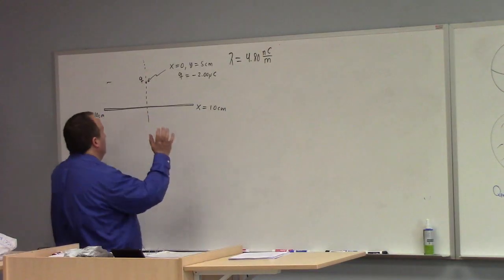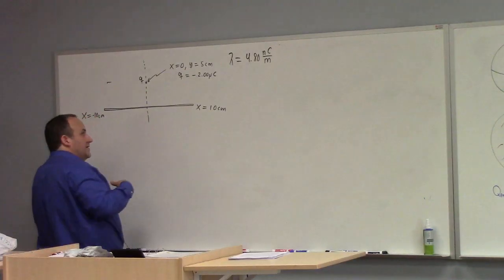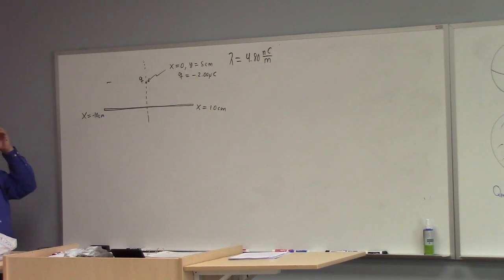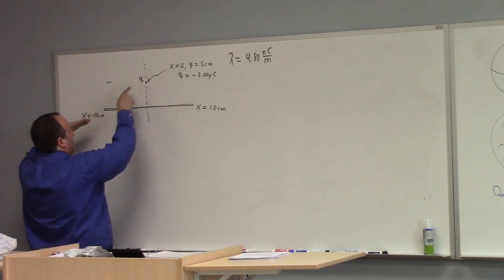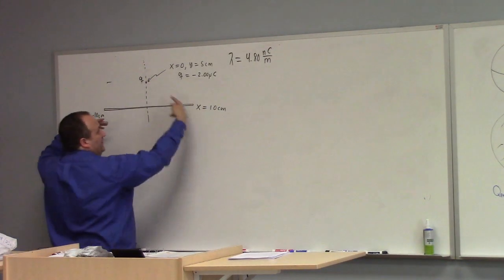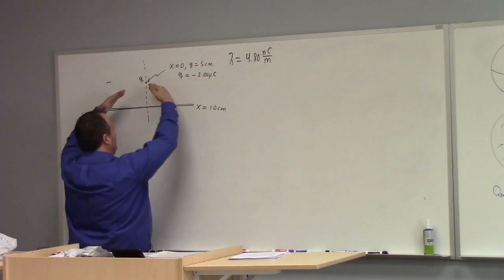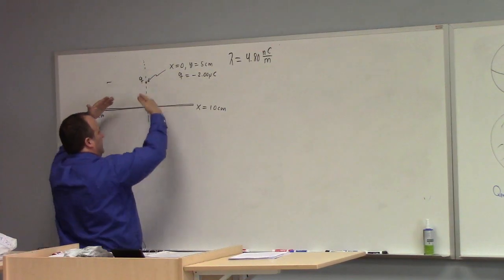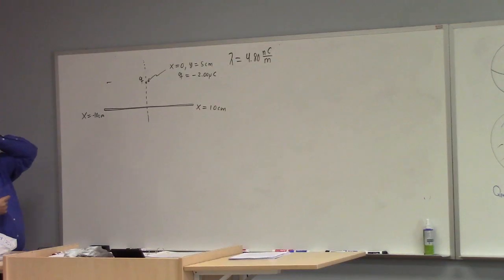So it should be pulling it up, right? And it seems like it should be pulling it vertically because over here the electric force is going like that, and over here the electric force is pulling like that. And by symmetry, they're equal and opposite, so they should cancel, right?